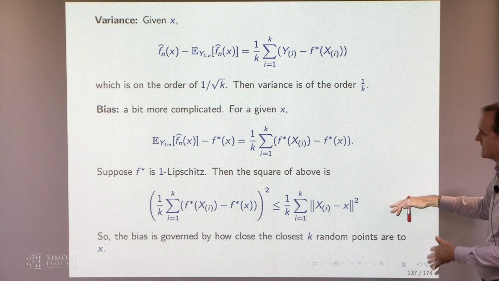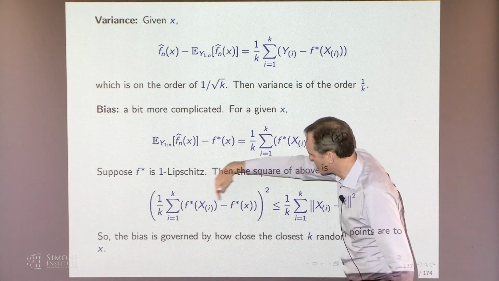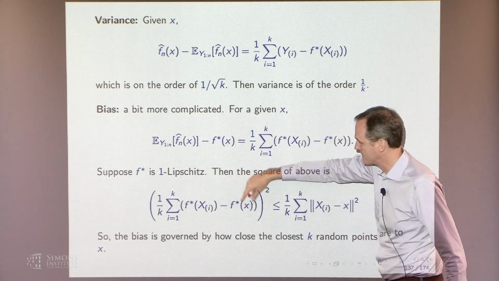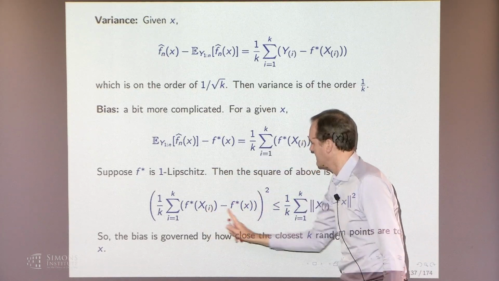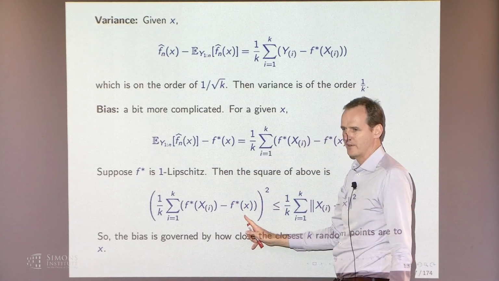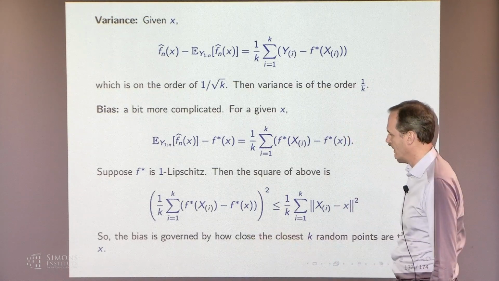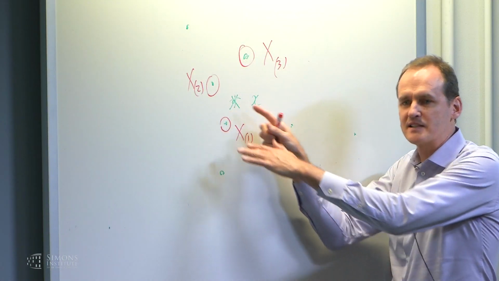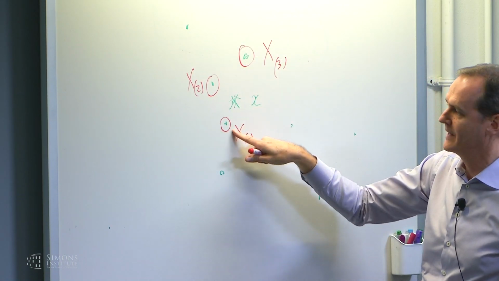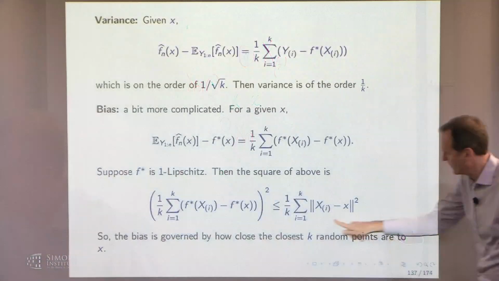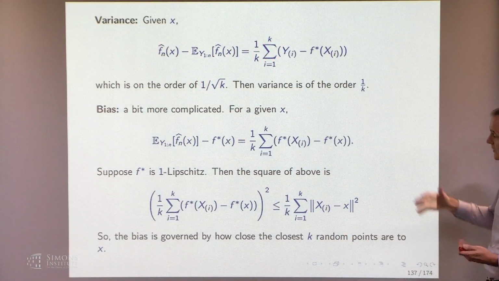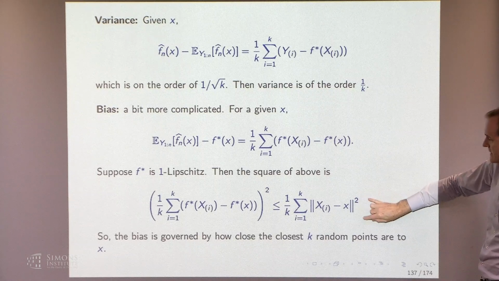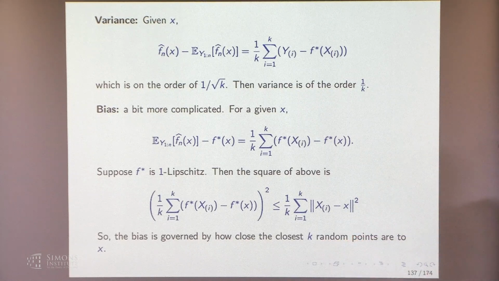Well, I guess first of all, there's a Jensen's inequality, and then we're saying, okay, the square of this thing is bounded by the squared distance between those two because of the Lipschitz assumption, right? So if xi is nice and close to x, then the Lipschitz assumption means f star can't move very far when we move from x to xi. Okay, and so this term is nice and small. So the bias is governed by how close these k random points are to x. And as we increase k, they're going to get further and further away.